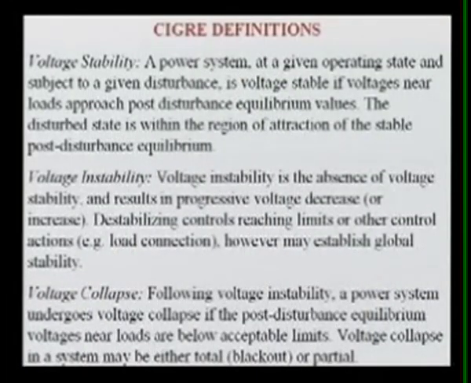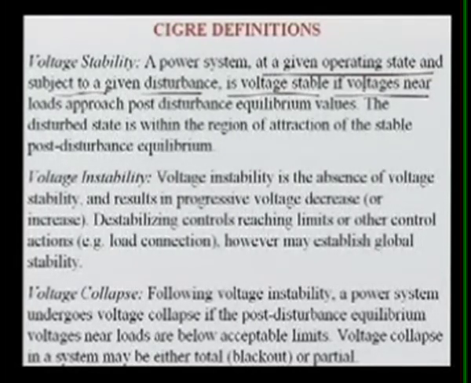However, Sauer again gave another definition for these three terms, that is voltage stability, voltage instability and the voltage collapse. In the voltage stability, a power system at a given operating state, and subject to a given disturbance is voltage stable if voltages near the loads approach post disturbance equilibrium values.